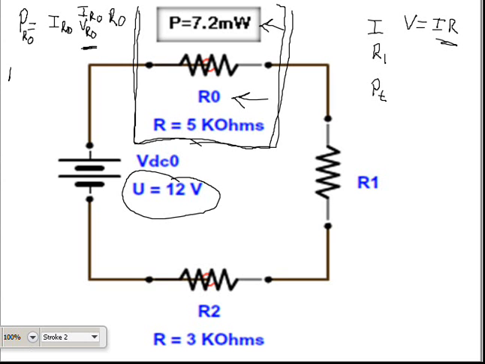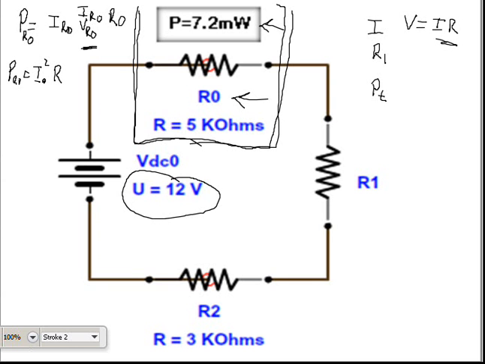So power at R0 is going to equal the current at R0 squared times the resistance. Now, we're interested in what the current is here, so we can figure out what the voltage drop is.